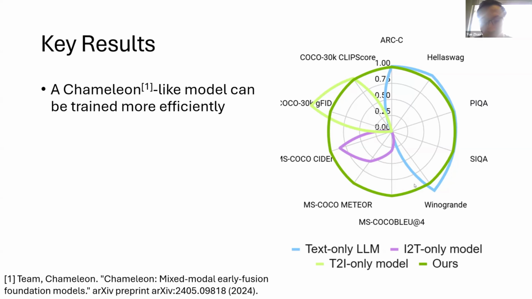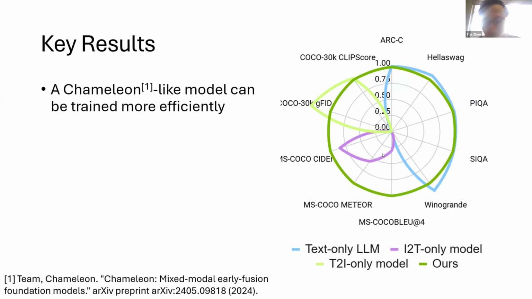So here we are showing, for generation, we have text-only benchmarks. All these axes covered by the blue curves are benchmarks on text understanding or generation, because it's just regular natural language benchmarks.